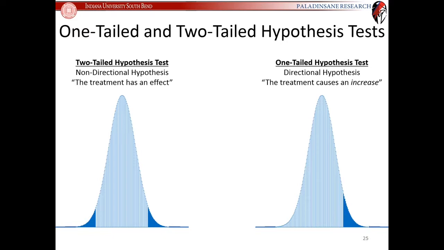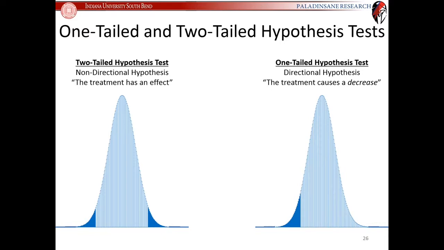So for a two-tailed hypothesis, you're always going in both directions. For a one-tailed hypothesis, sometimes you're interested in an increase. Does my treatment increase self-esteem? Does my treatment increase learning outcomes? Sometimes you're interested in a decrease, right? Does my treatment decrease depression? Does my treatment decrease anxiety disorders?